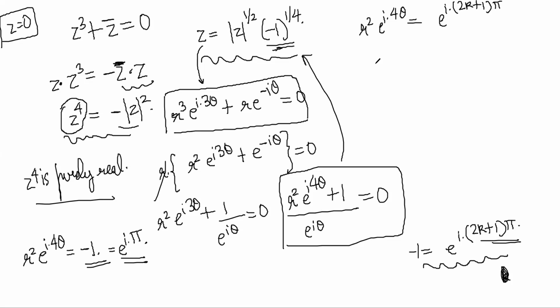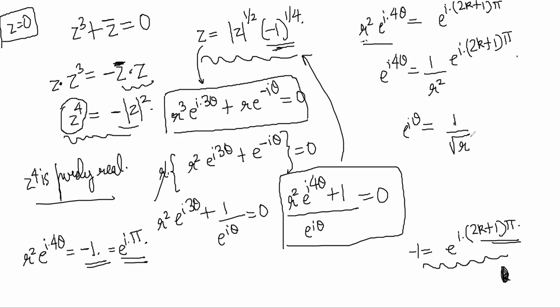So e^(i4theta) is 1 by r square times e^(i(2k plus 1)pi). And if you take the 1/4 power, e^(i theta) should be equal to 1 by root r times e^(i(2k plus 1)pi by 4).